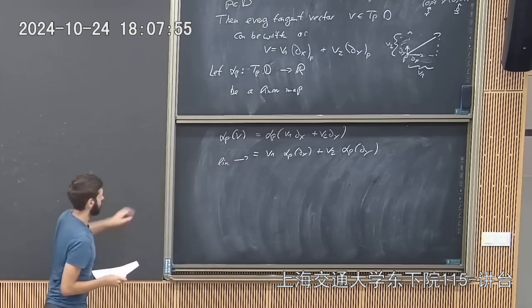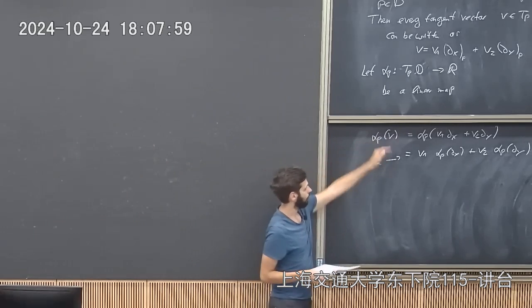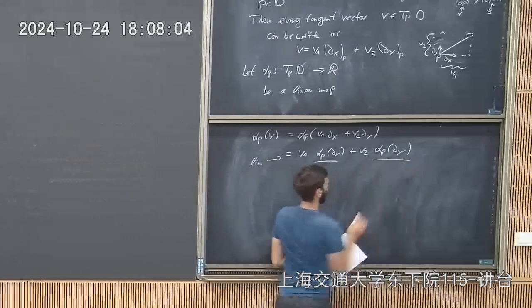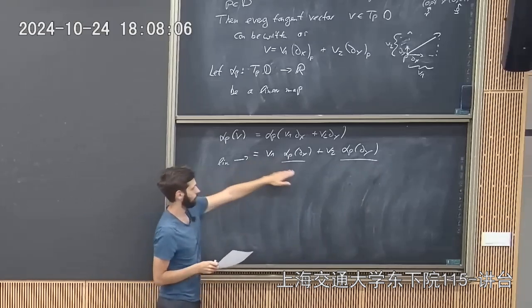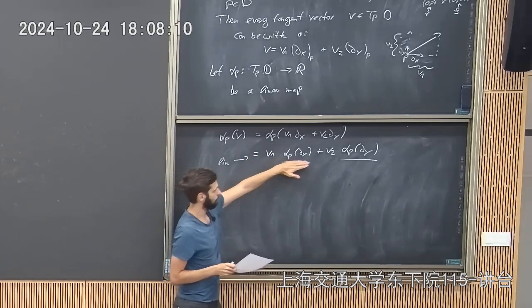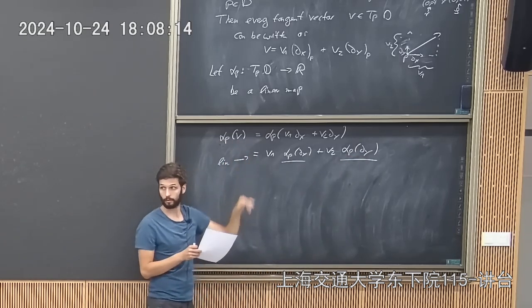So what you see is that this value of the linear map on the vector V is completely determined by essentially these two values. Everything else is just V1 and V2, which depend on the vector. But if you know these two numbers, then you know alpha p of every vector.